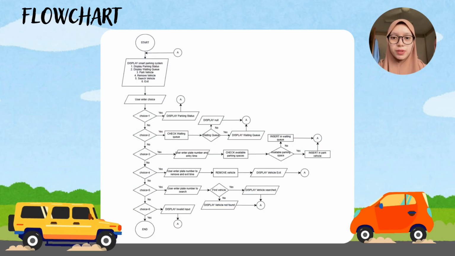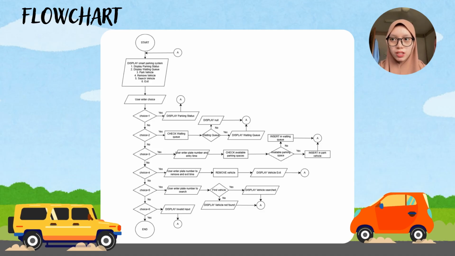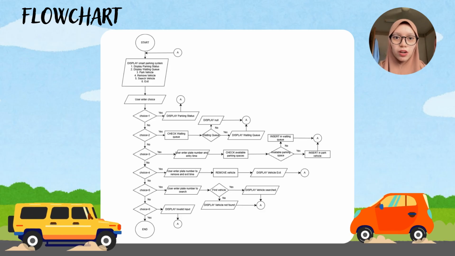Next, I will explain the flowchart. The smart parking system starts by displaying a menu that allows the user to choose from several options, including displaying parking status, viewing the waiting queue, parking a vehicle, removing a vehicle, searching for a vehicle, or exiting the system.